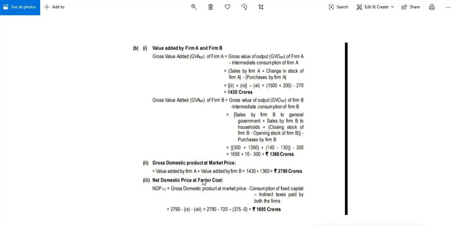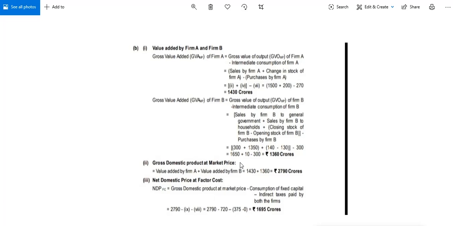Then net domestic product at factor cost. See, to determine net domestic product at factor cost, we must take GDP at market price minus consumption of fixed capital minus indirect taxes of all the firms. Here GDP is 2790 minus the consumption of fixed capital is 720 minus indirect taxes paid is 375.